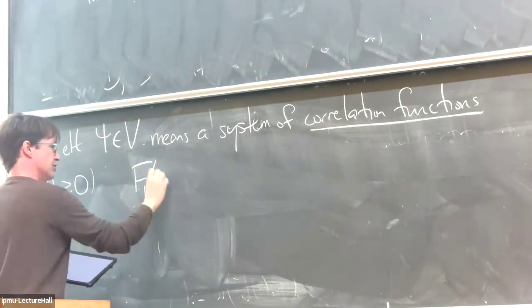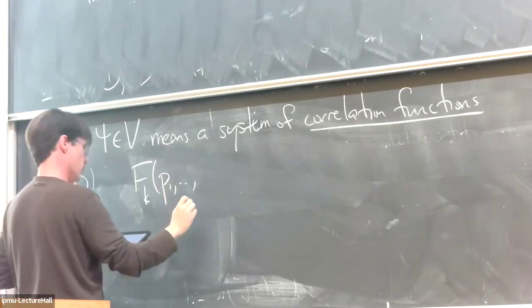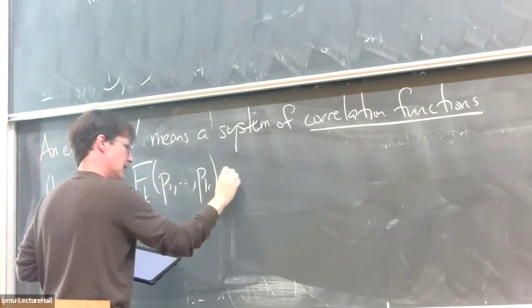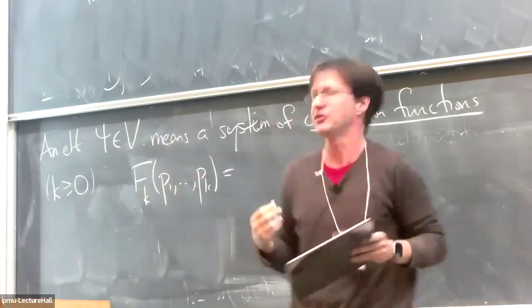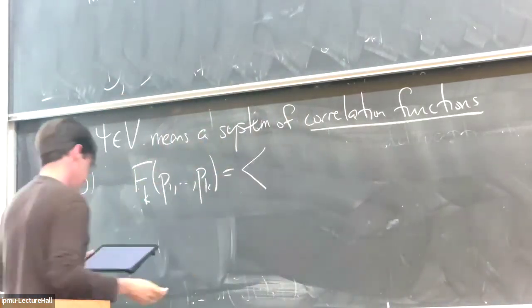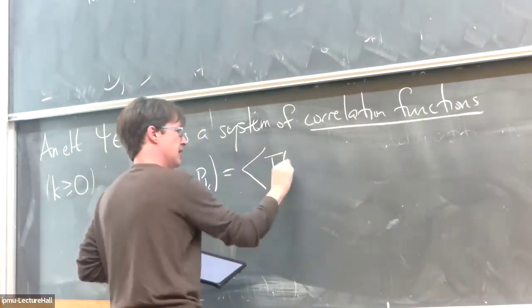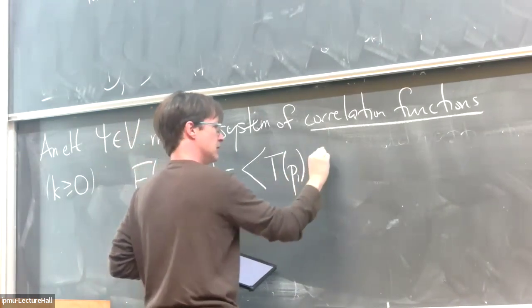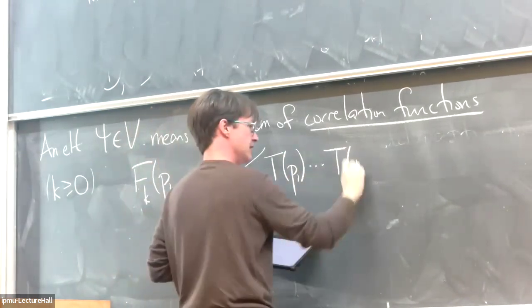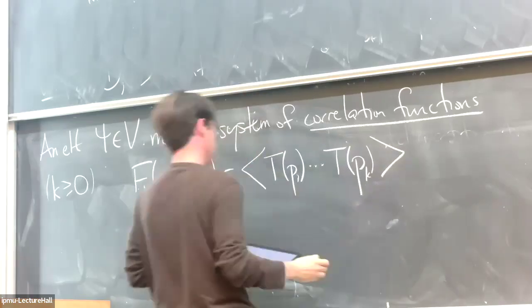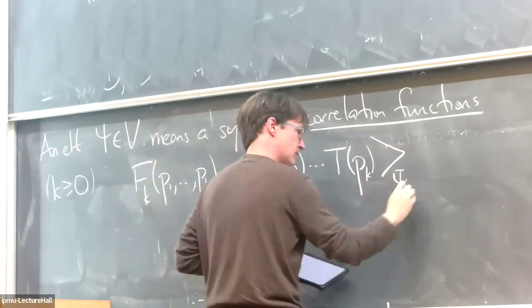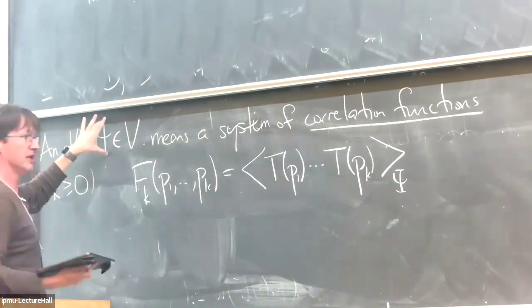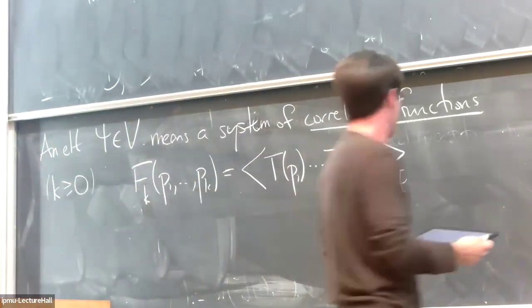You can write f_k of t1 up to tk. But the physicist notation, which turns out to be a good notation, is this: they write angle brackets, and then they write T of p1 up to T of pk. I'll put a sign here just to keep track of which conformal block I'm looking at.